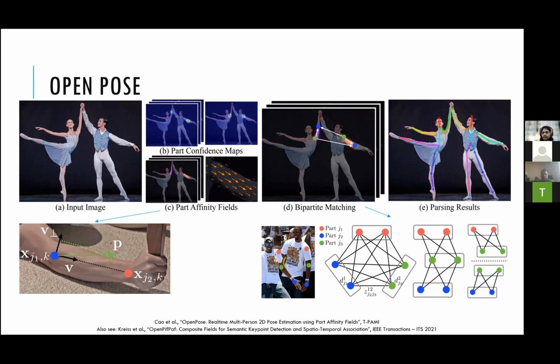So the idea is that the computer can use these part affinity fields, the values produced by them, as well as what all joint configurations are possible, to come up with the best estimate of which joint belongs to which person. So at the end, when you have multiple key points, there is no confusion as to which key point belongs to whom. Is this okay?